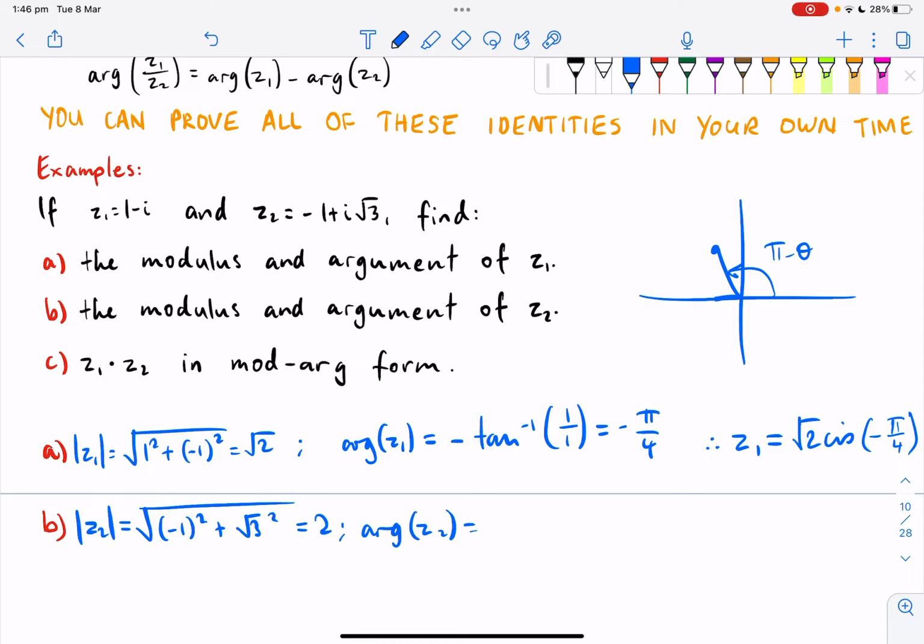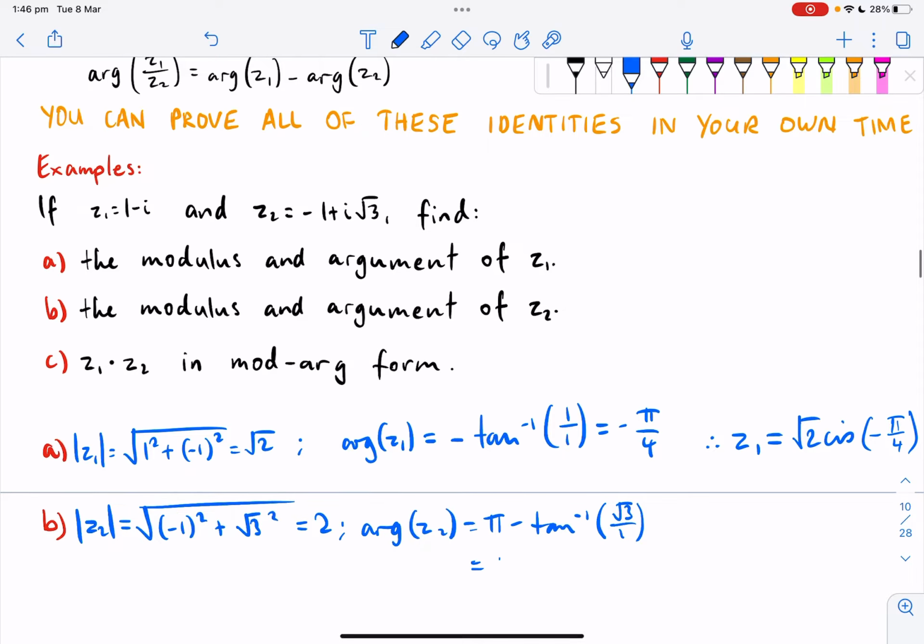So when I do the tan inverse of this, I'll do pi minus tan inverse of, and then just do rise over run as normal. So root 3 over 1. Don't worry about the negative, the negative is already taken care of. Okay, and as we can see here, we're going to get pi minus pi on 3, which equals 2 pi on 3.